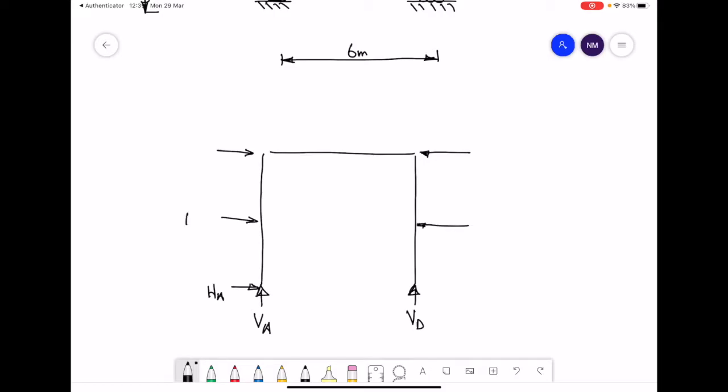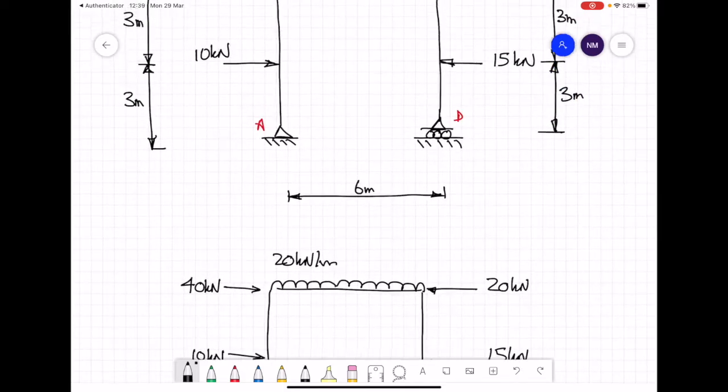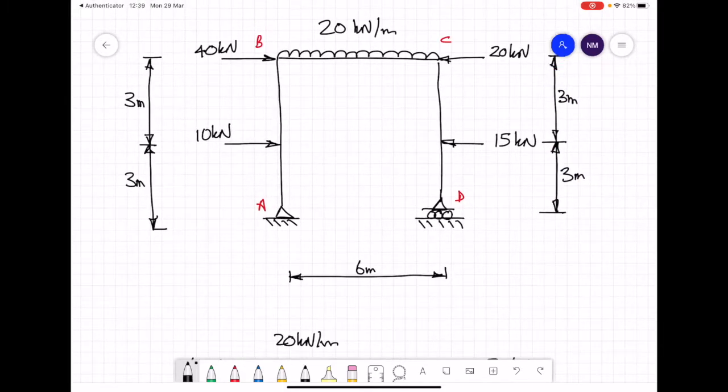So we have 10 kilonewton, 40 kilonewtons, 20 kilonewtons, and 15 kilonewtons, and a UDL along the top of 20 kilonewtons per meter. All the dimensions that are used are back in the initial diagram.